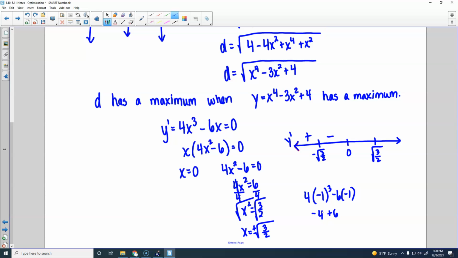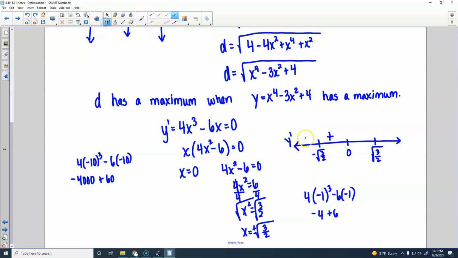So negative 1 would fall here. Hold on. So was I wrong about 4 times? Oh, I should have, sorry, I'm not thinking negatives. I was using positives when I was plugging in. Negative 10 to the third minus 6 times negative 10. This would be negative 4,000 plus 60, which would actually give us a negative there.